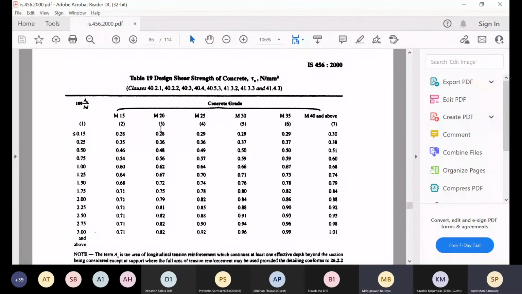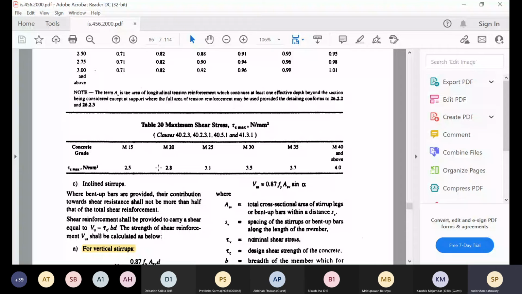And this is the maximum shear stress. In a beam you can put shear stress up to this much only. If the shear stress is above this, you have to redesign the beam. Clear?